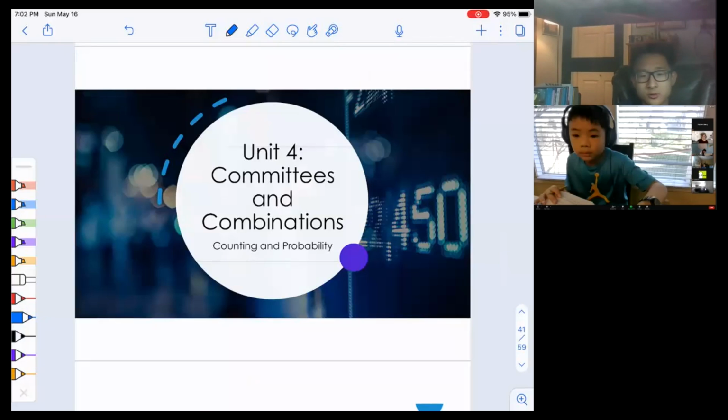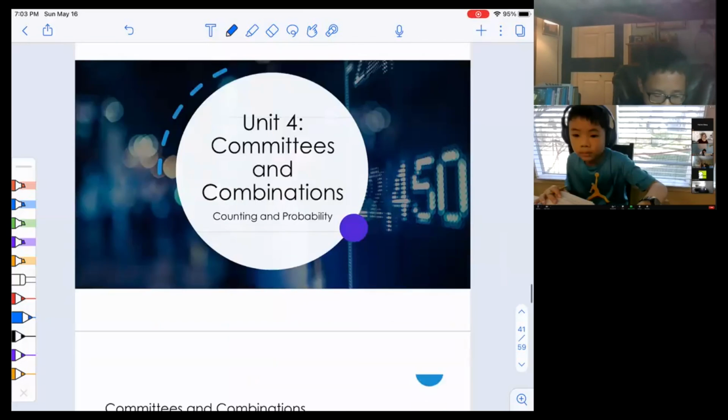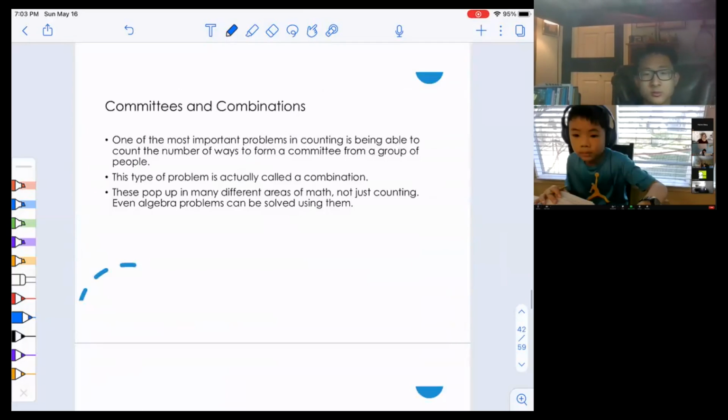So today we're going to learn about committees and combinations. One of the most important problems in counting is being able to count the number of ways to form a committee from a group of people or items. This type of problem is called a combination, and it's basically like a permutation, except order doesn't matter.